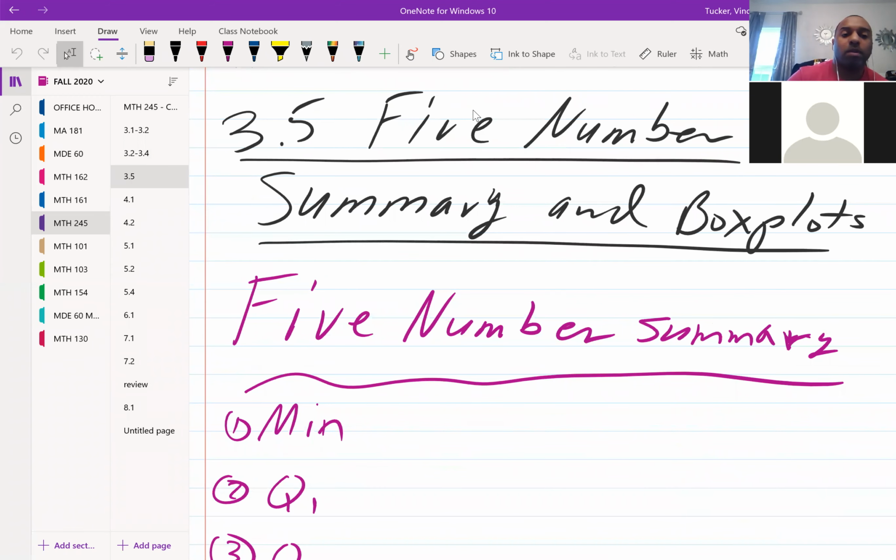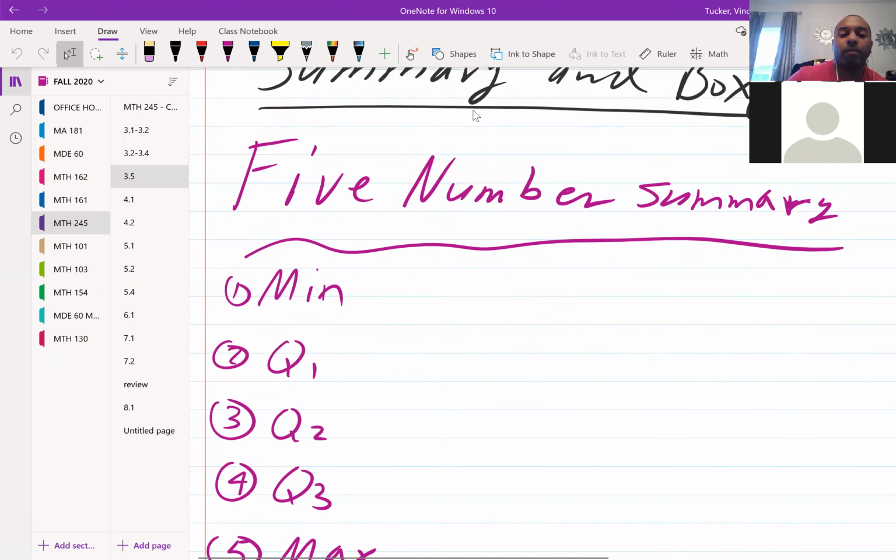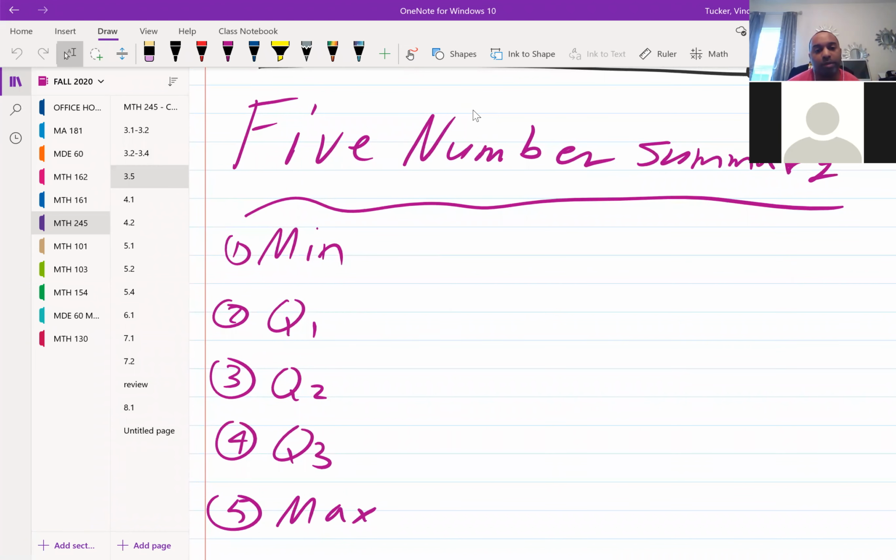So 5-number summary: these 5 numbers are your minimum, Q1, Q2, Q3, and your maximum. And that has nothing to do with whether maximum or minimum are outliers or not. Just what is your max, what is your min, and then Q1, Q2, and Q3.